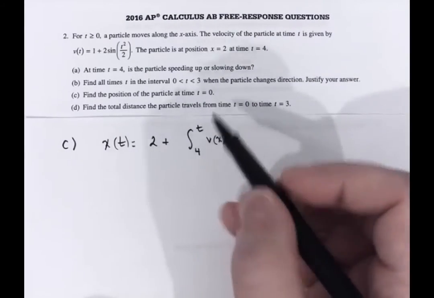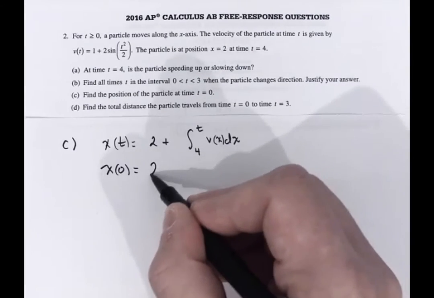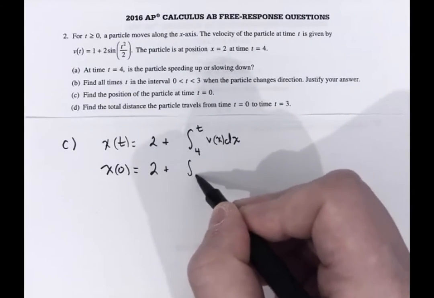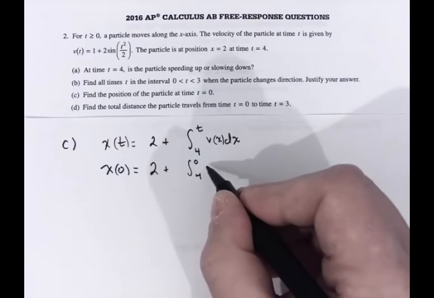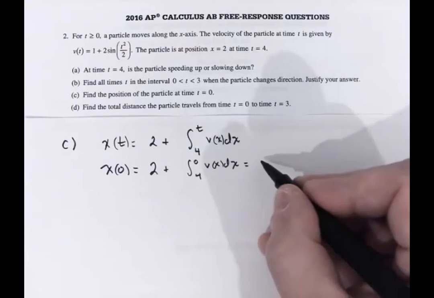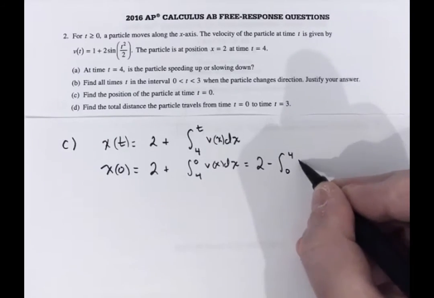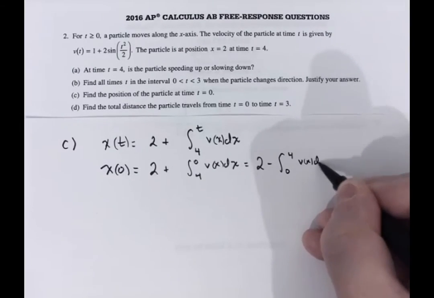So if I want to know the specific position at time equals 0, then x of 0 would be 2 plus the integral from 4 to 0 of v of x dx, which would be the same as 2 minus the integral from 0 to 4 of v of x dx.